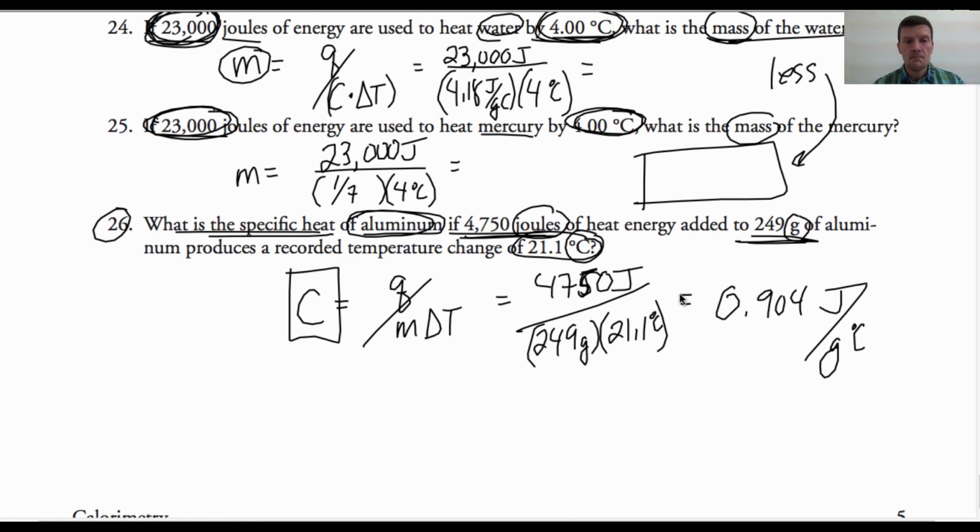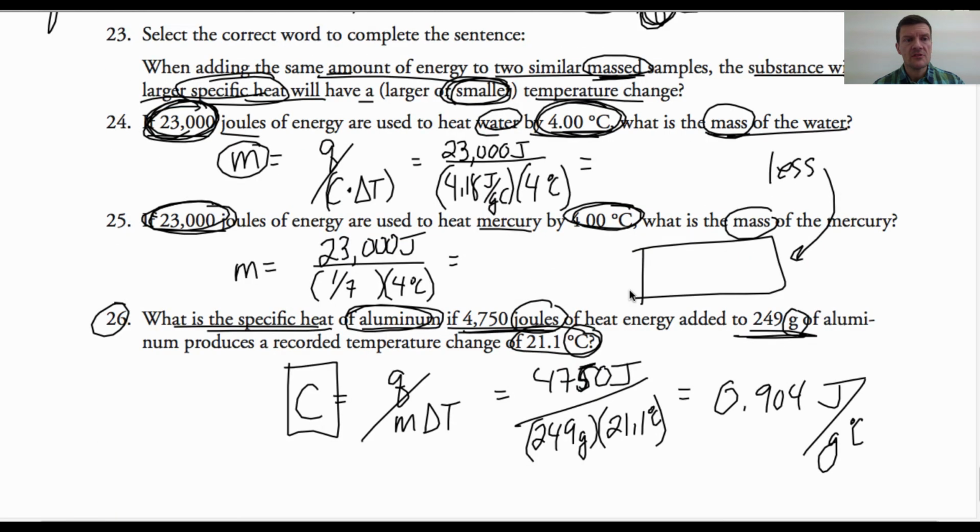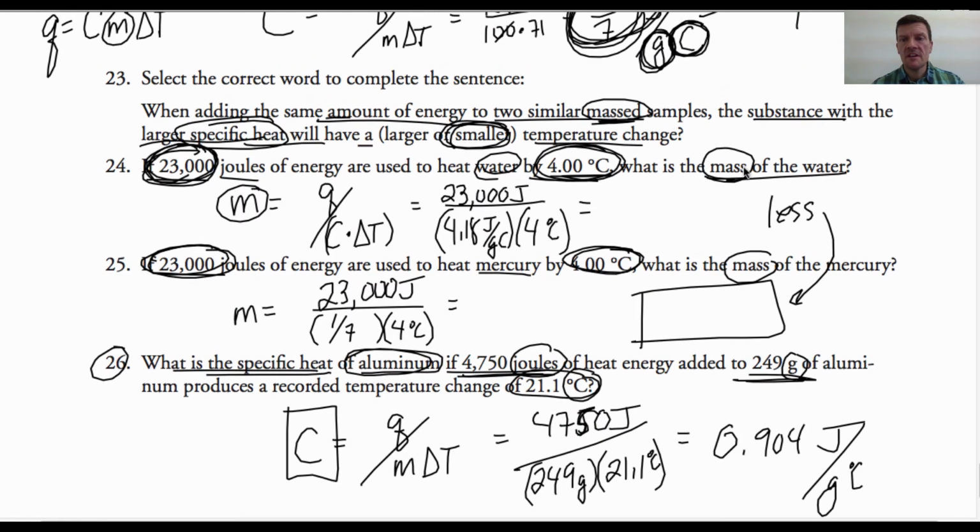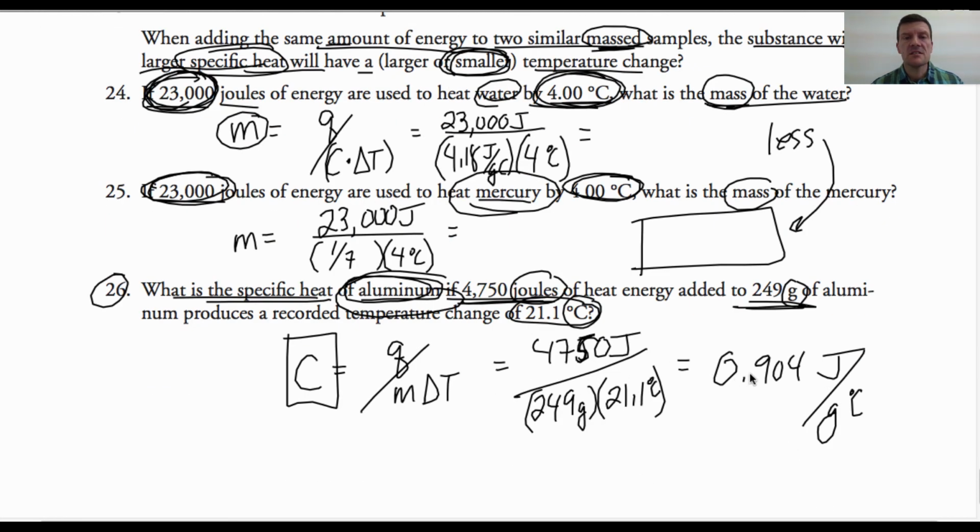Okay? So you can see here that water again has a very large heat capacity compared to mercury, which has a very small one, compared to aluminum, which has a heat capacity that's less than 1. Okay, it's greater than mercury, but much less than water.